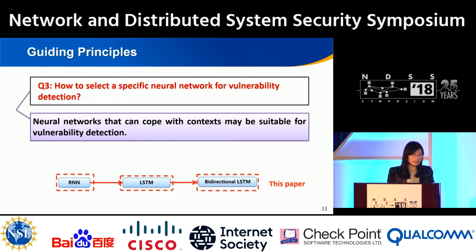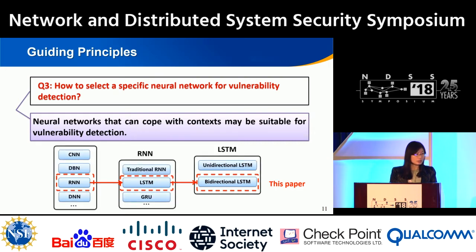In our study, we select the bidirectional LSTM, since the statement may be affected by earlier statements and may also be affected by later statements. The comparison with other neural networks is left as an interesting problem for future work.